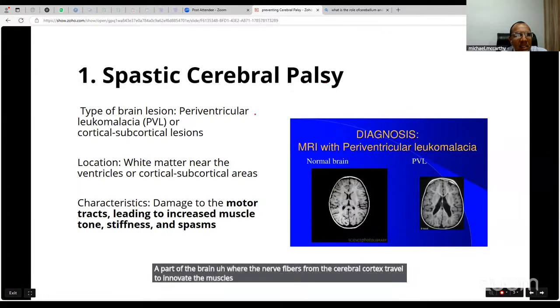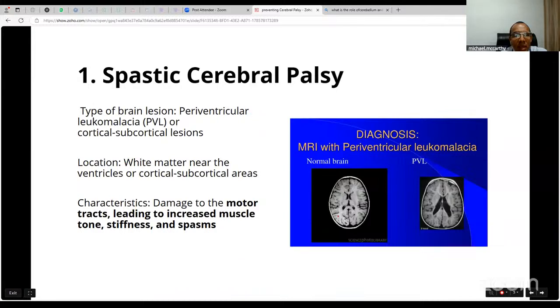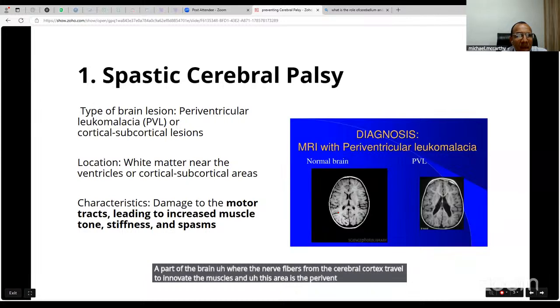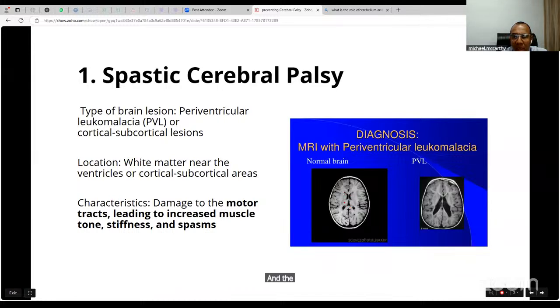And this area is the periventricular area. And you can see here a normal brain. The ventricles are in the middle here. And the white matter very close here contains all the tracts and the various movements of the nerves.